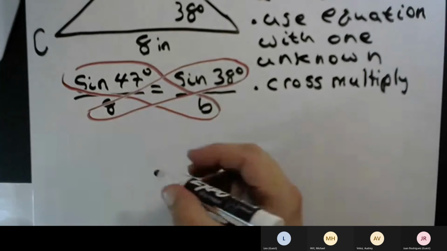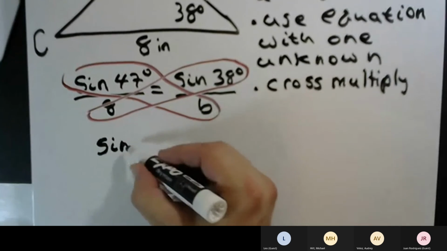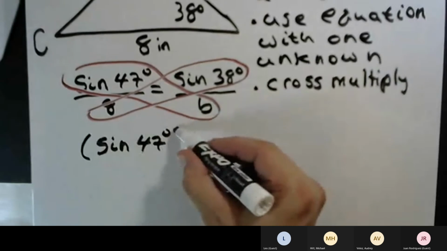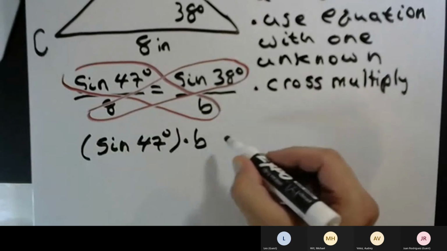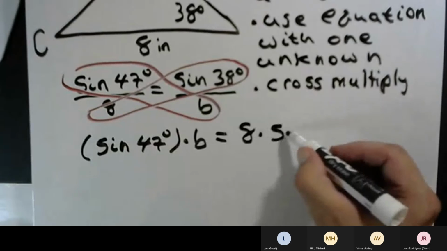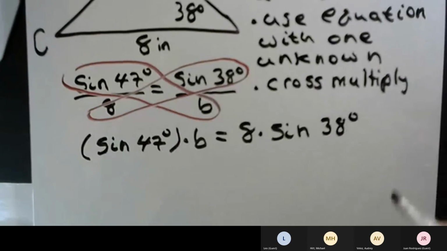So when we cross multiply, we'll get sine 47 degrees times B equals 8 times the sine 38 degrees.